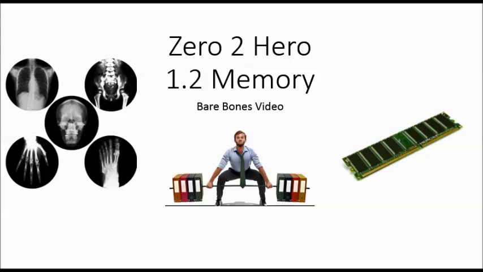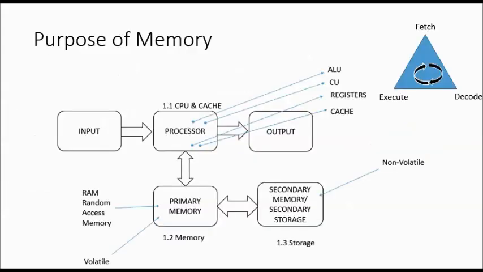I am Mr. Holmes. Alright, so without further ado, let's get into what is computer memory. Computer memory is also known as primary memory. It is also called RAM, which stands for random access memory. It's volatile, meaning when it loses power, the memory content is also lost.